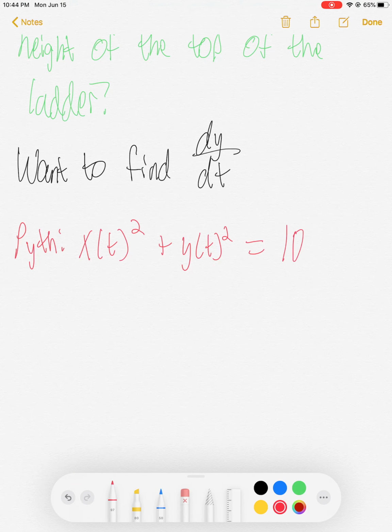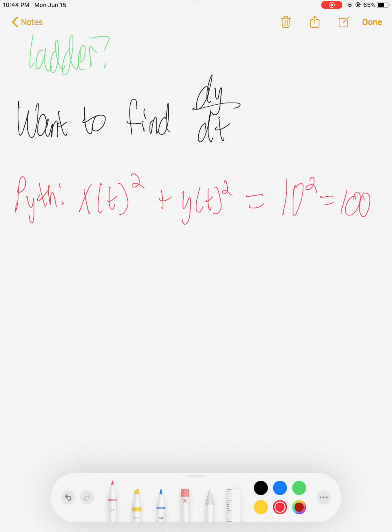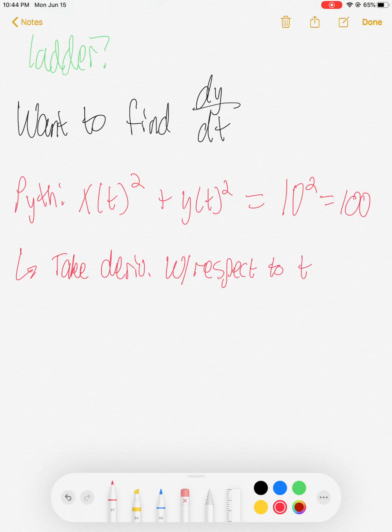So Pythagoras says that x of t squared plus y of t squared equals, well, it's going to be the length of the hypotenuse of this right triangle squared. And the length of this hypotenuse is going to be 10 because that's the length of the ladder. Equals 10 squared, and that is just 100.